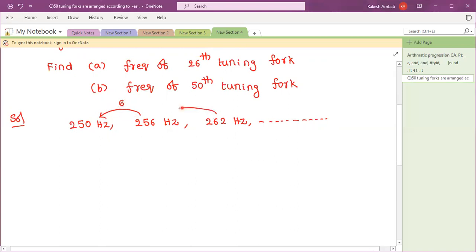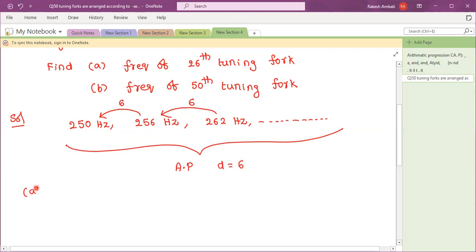Then third term minus second term, 262 minus 256, the difference is equal to 6. If the difference is the same, that is an arithmetic progression. So therefore it is in the form of an arithmetic progression. In this arithmetic progression, the difference is equal to 6.